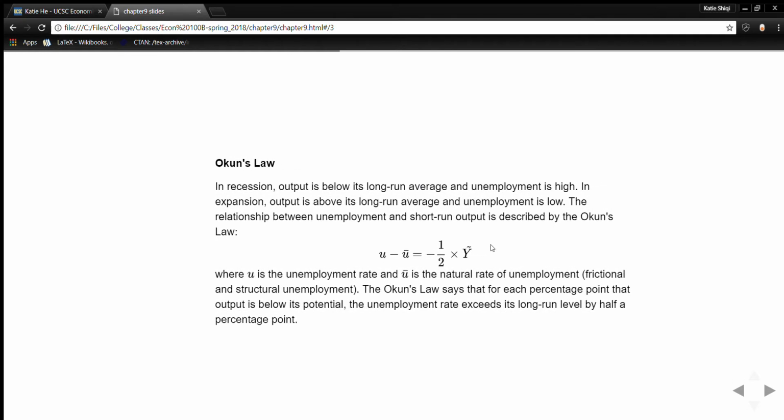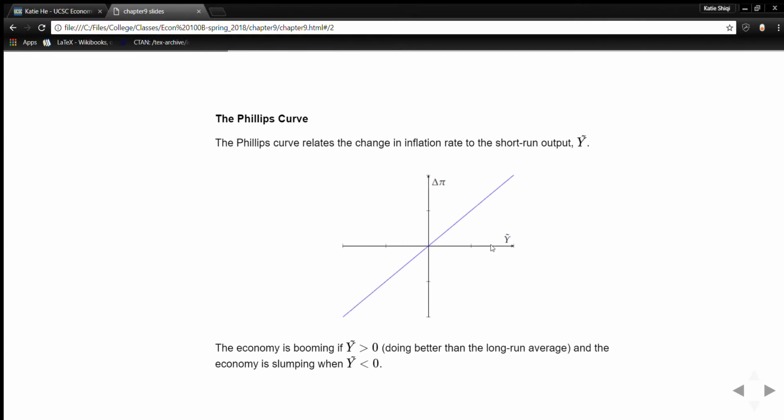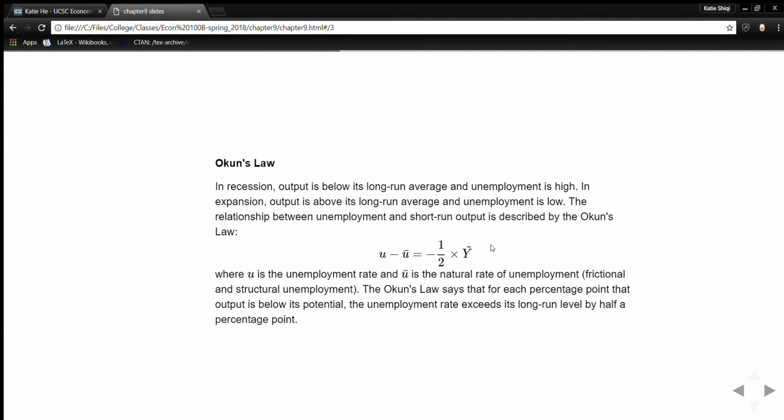And we have something also called Okun's law, which is different than the Phillips curve. So recall that the Phillips curve described the relationship between inflation rate and short-run output y tilde. And here Okun's law describes the relationship between unemployment rate and y tilde. So U bar here is defined as the natural rate of unemployment.